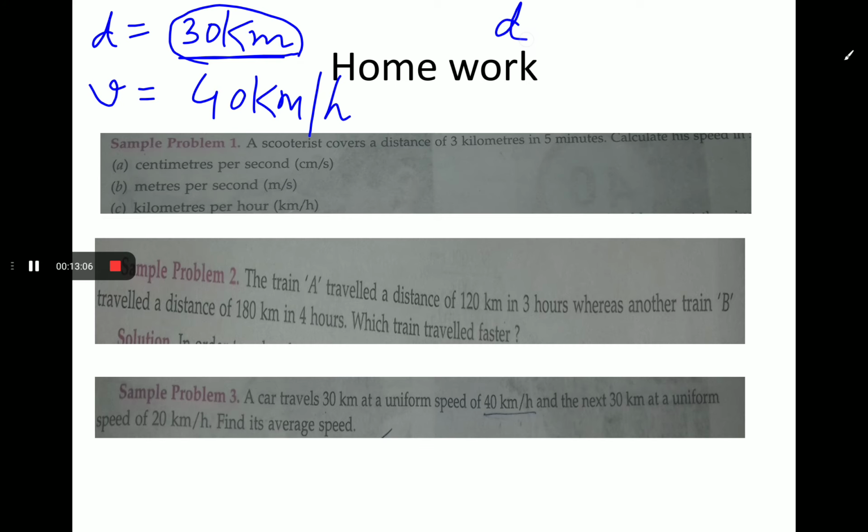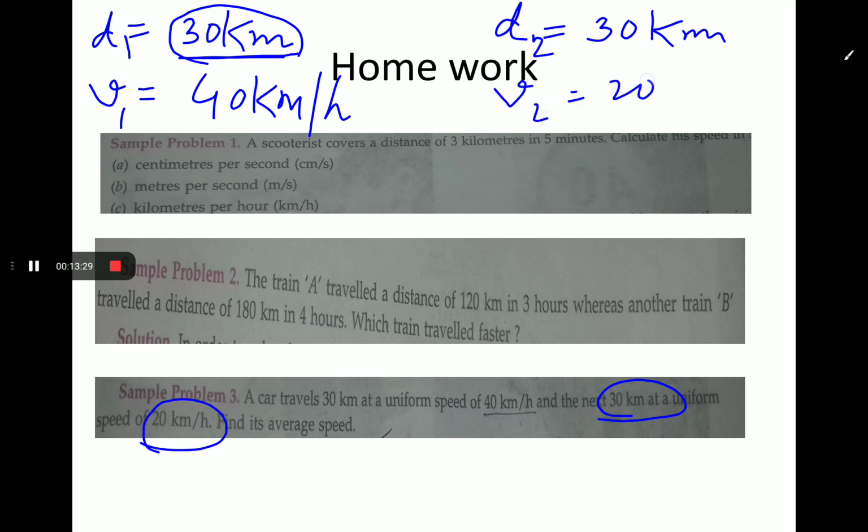So again the distance is equal to 30 km. So we have to distinguish between these 2 distances. So it is considered as D1 and it is considered as D2. Now for D1 the speed is V1, that is 40 km per hour, and in the next 30 km the speed is given as 20 km per hour. So V2 is equal to 20 km per hour.